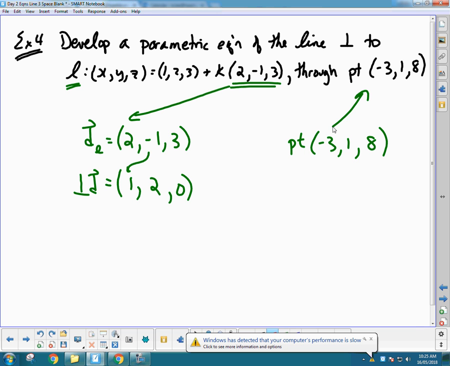This is where it gets a little bit challenging for me, because you could pick a different direction vector than I will, and you'd still be totally right. Of course, you could have switched the first two and made the 2 negative. Or you could have switched the first and the third, put a 0 in the middle, and made the first negative. All of these would be correct direction vectors.